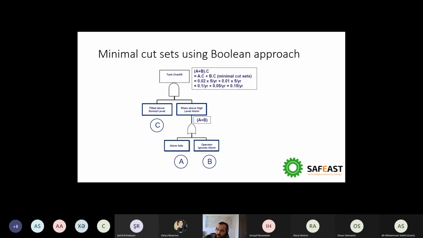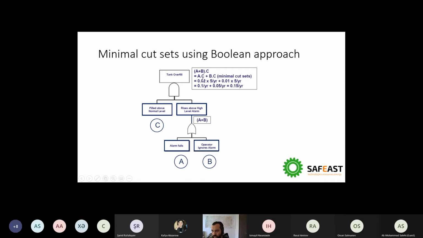So this is the example for the same event, the tank overfill event. Let's say you have got the tank filled above normal level, as we discussed. From the maths perspective, how should it be? This is A plus B because it's an OR gate. Then it will be A plus B times C, because this is an AND gate.